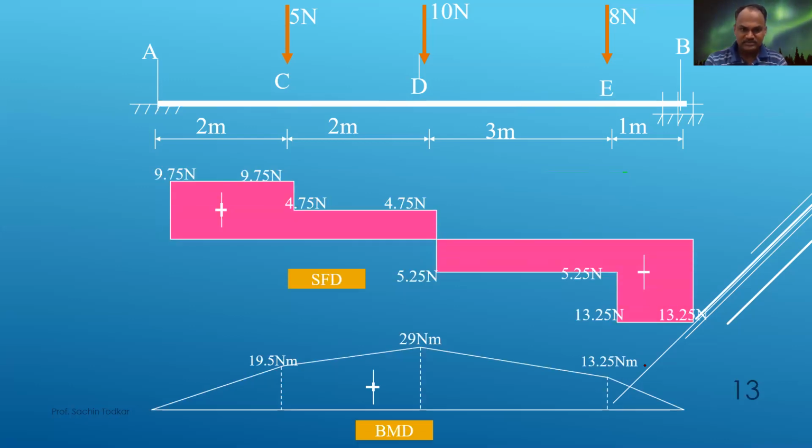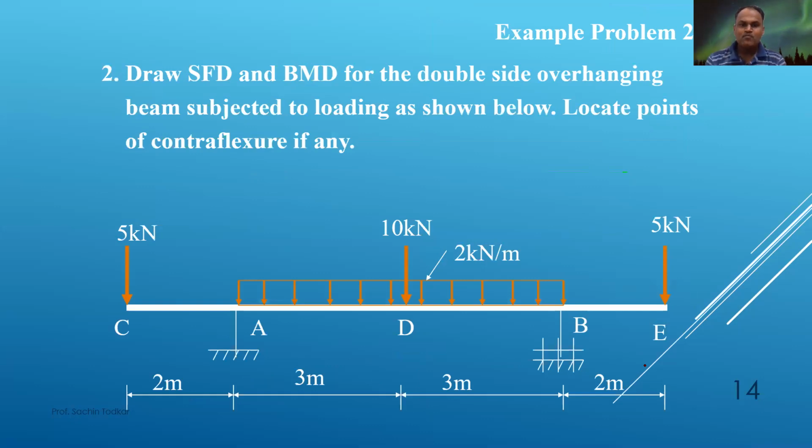Now we'll see the second example. In this case, point loads as well as UDL are given, and this beam is overhanging on both sides. You will see A and B points are in between, and there are C and E points which have overhanging loads.